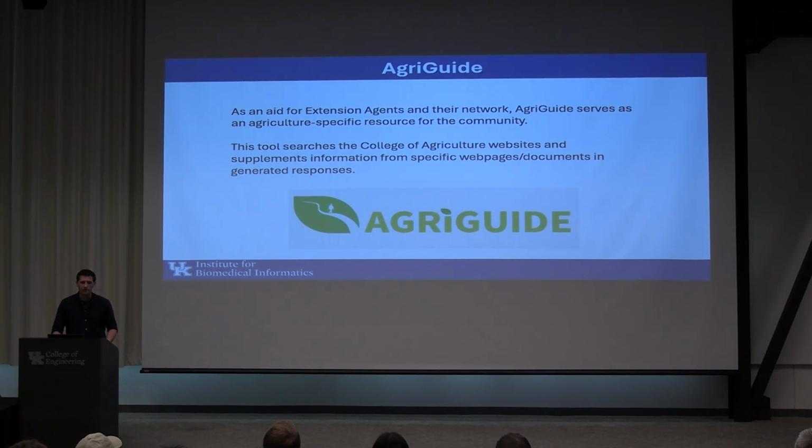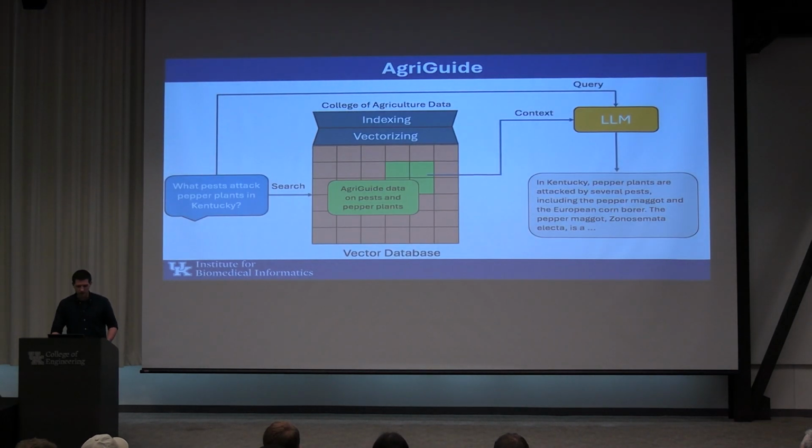So in application, one project that we're working on is a collaboration with the College of Agriculture. They have a lot of information that they want to make accessible to farmers around the state and to the extension agents in different communities so that they can have a tool where they have easy lookup of information, so they're able to help the farmers out and answer questions pretty easily for them.